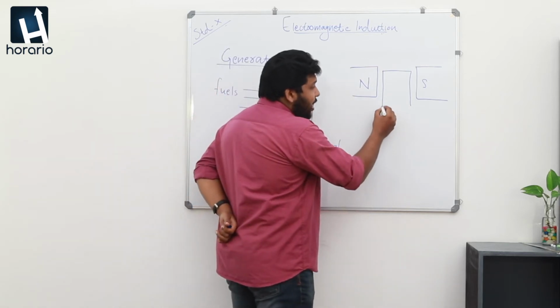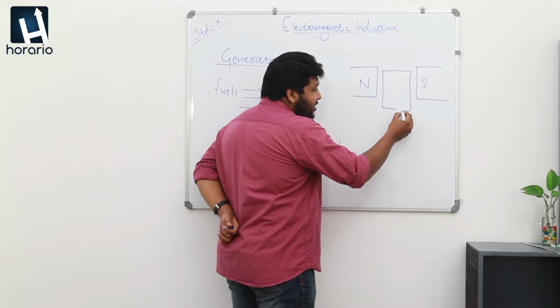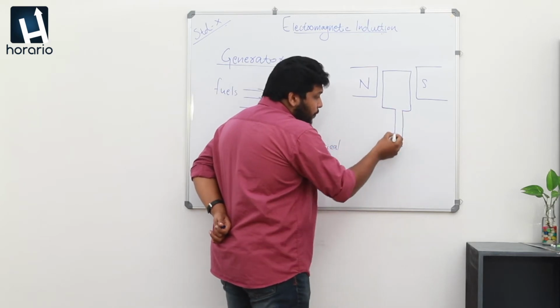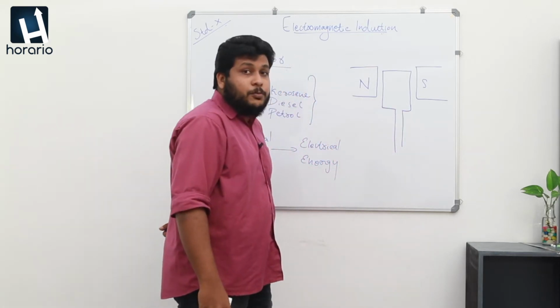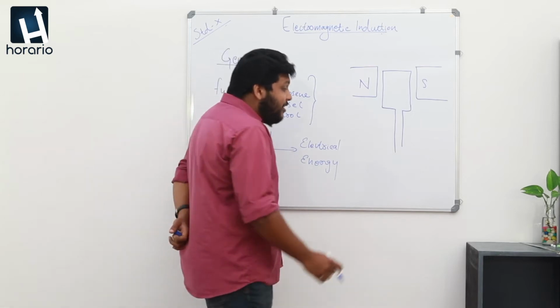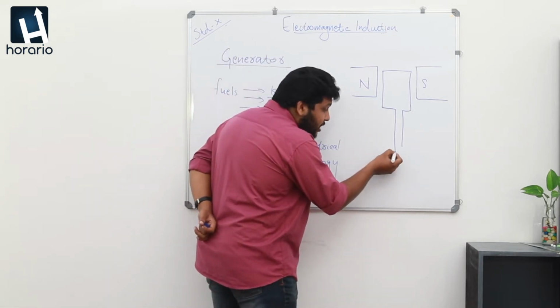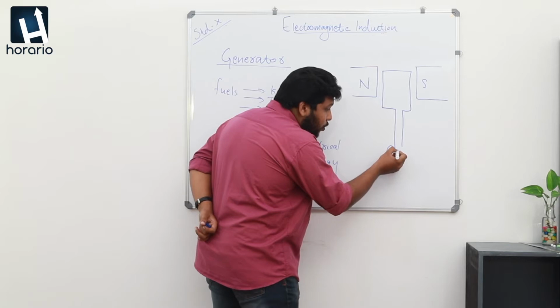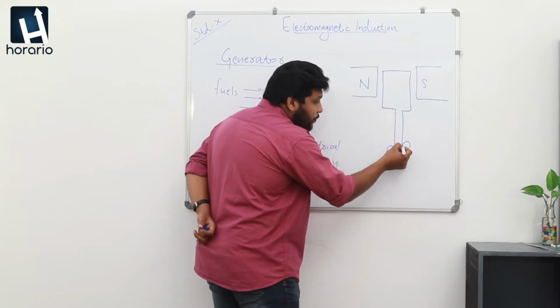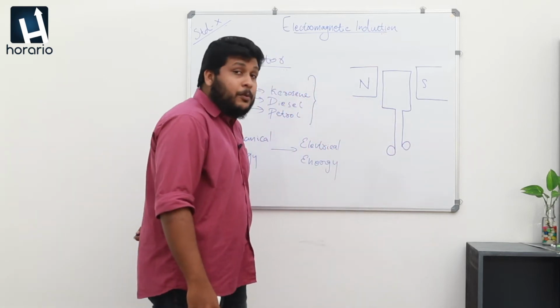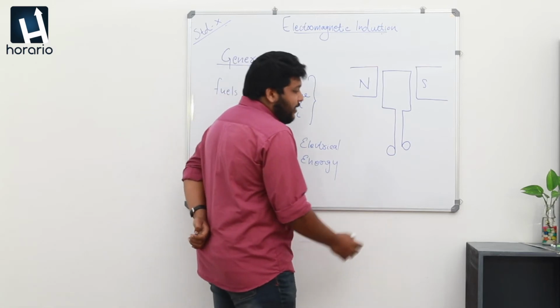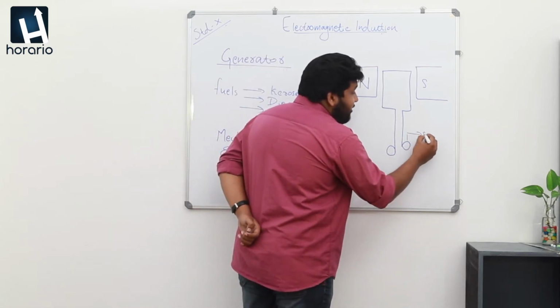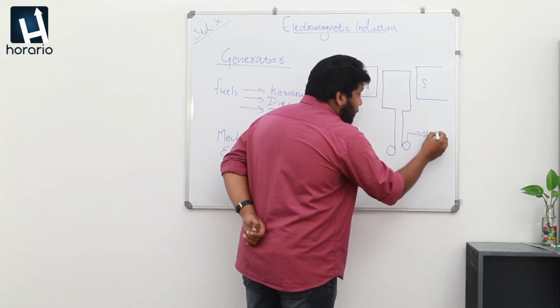So this armature is connected to a small rod-like structure, and this rod-like structure ends in a small ring-like portion, which is known as the slip ring.